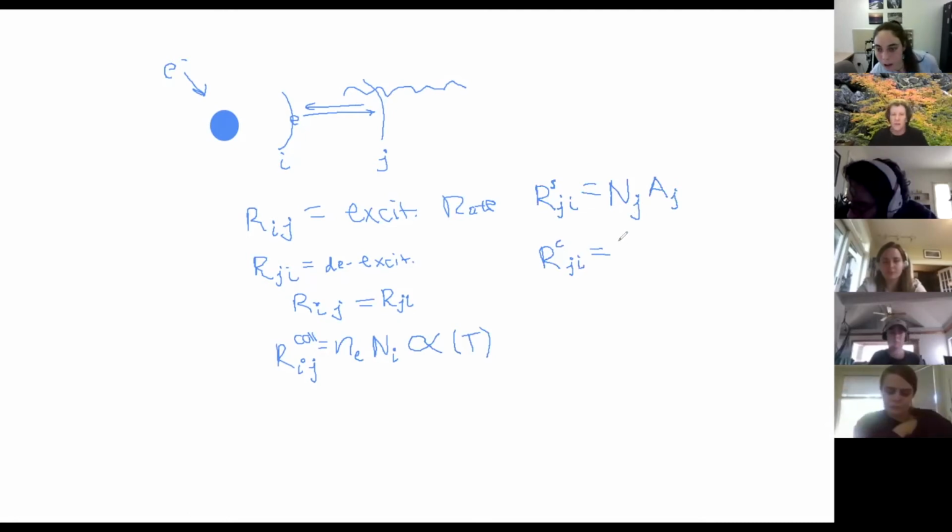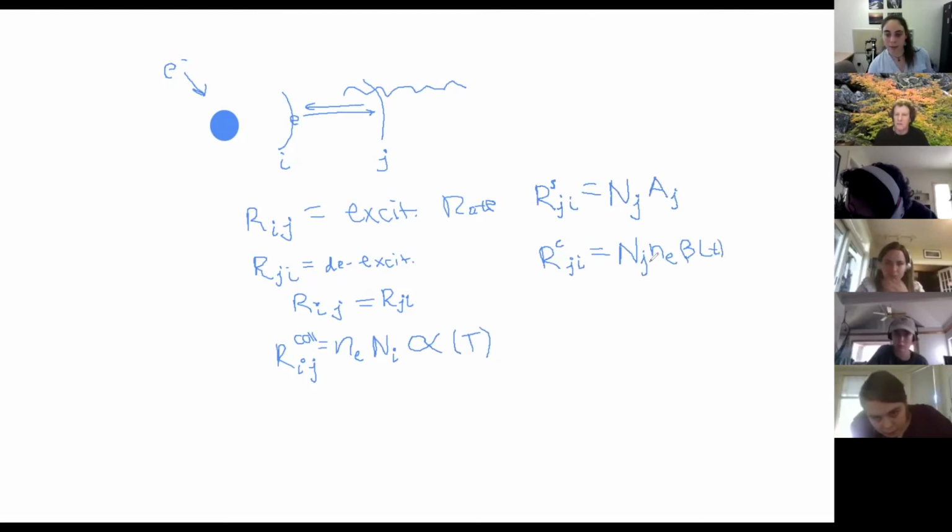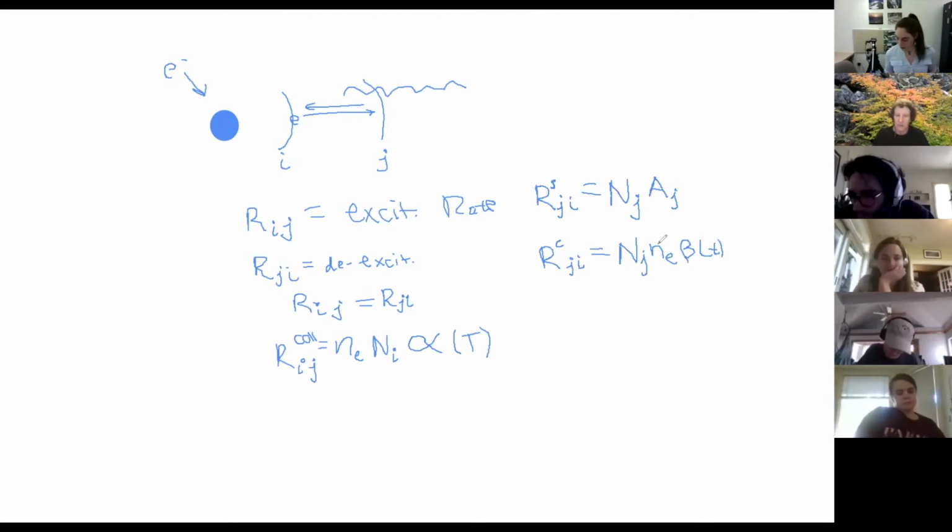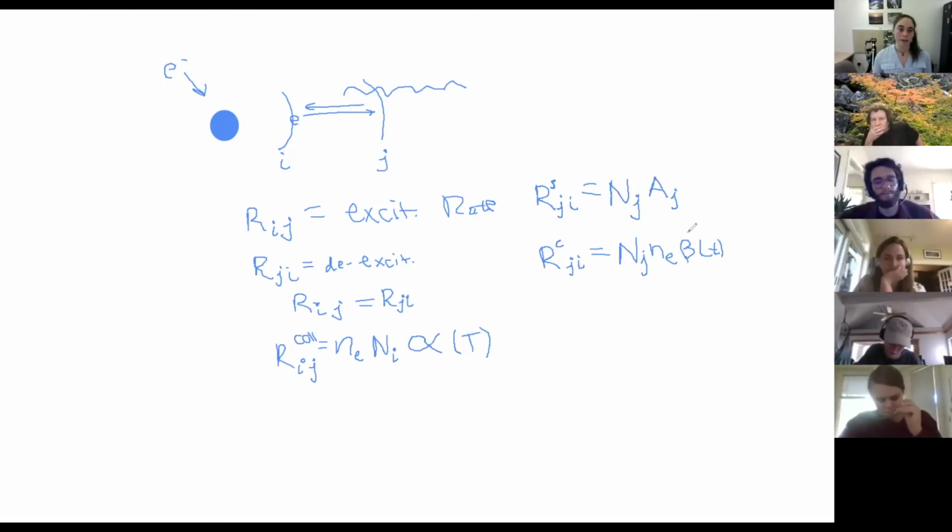So our atom with an electron in the J level gets bumped into by an electron and de-excites, and that's going to be equal to the number of atoms with an electron in the J energy level times the number density of electrons, since if you have more electrons, you're more likely to have things bouncing into you. And then times something called beta, which is similar to alpha. It's the collisional coefficient for de-excitations, and it is also, sorry, that should be a capital T, dependent on temperature, just like alpha is dependent on temperature.